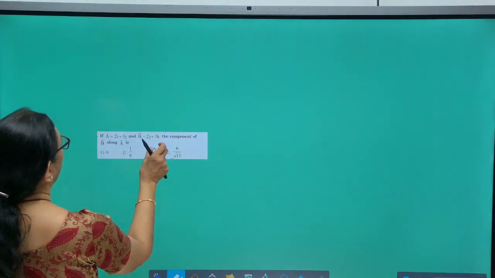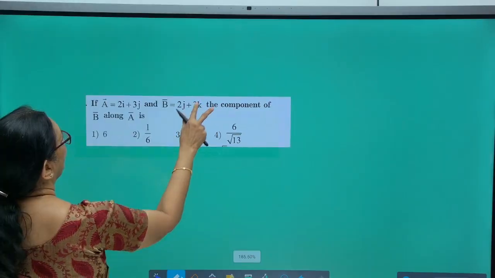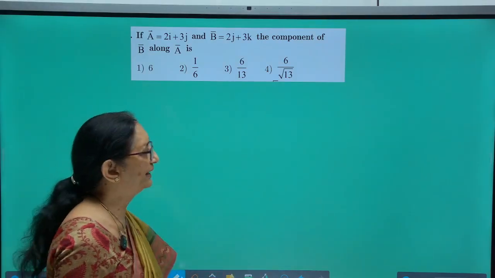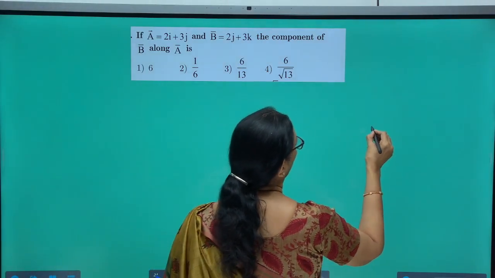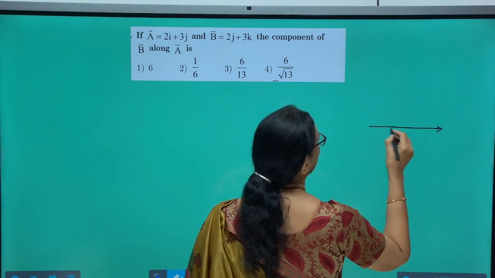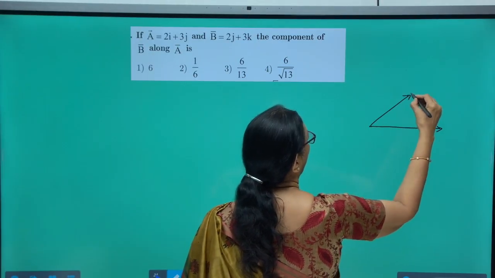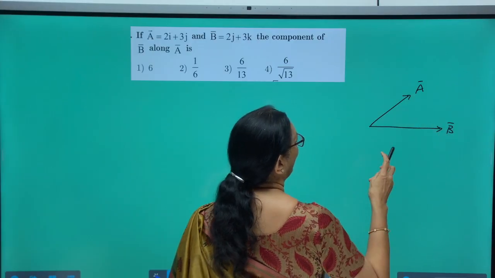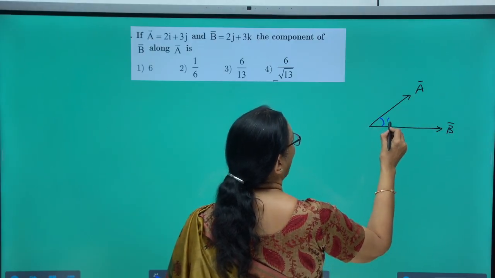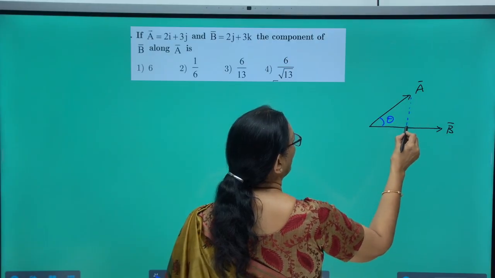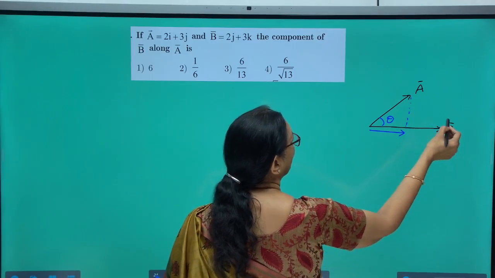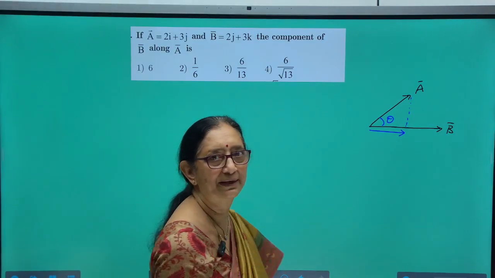Look here, two vectors are given. You are asked to find out the component of one vector along the other vector. Look here, suppose this is a vector A bar, this is a vector B bar, and this is angle theta. If you drop a perpendicular, this becomes the component of A bar along B bar.